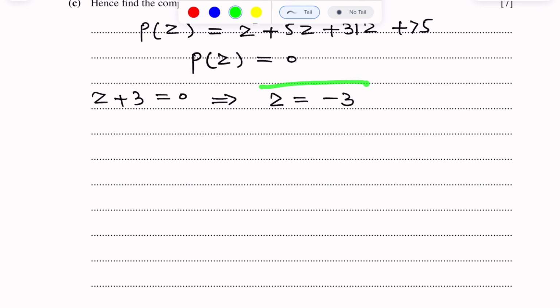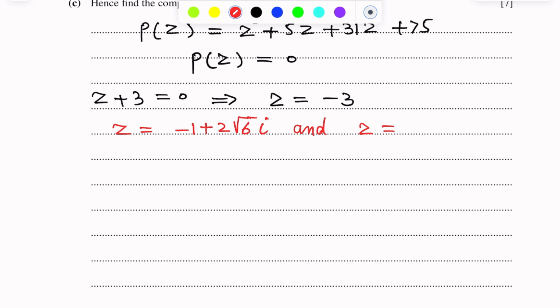So one root is z equal to minus 3. The other two roots will be z equal to minus 1 plus 2 under root 6 iota, and z equal to the conjugate of this complex number, minus 1 minus 2 under root 6 iota.